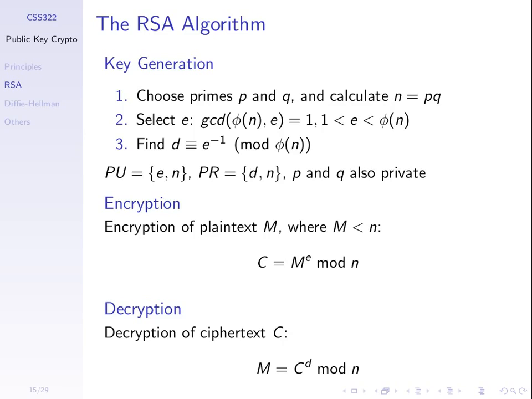The encryption and decryption algorithm is in fact the same. So implementation-wise, they are the same. It's just that the numbers that we use are different. Something to the power of something mod n. Very, very simple to describe, but turns out to be very secure if we use appropriate values.